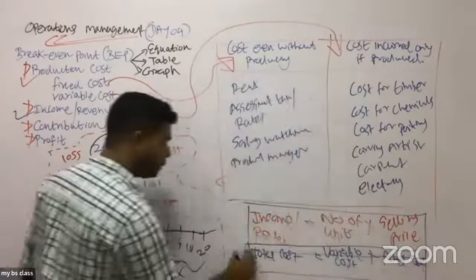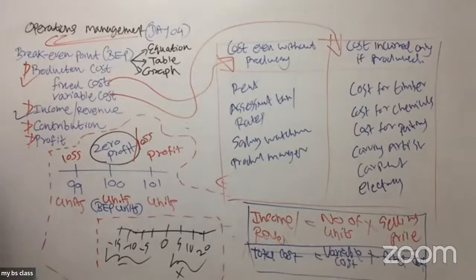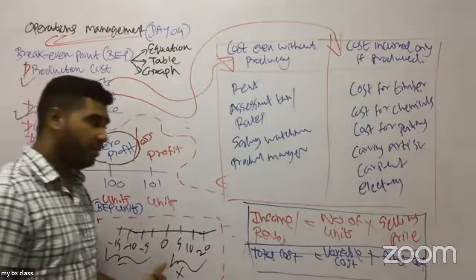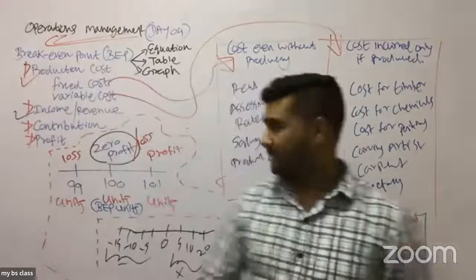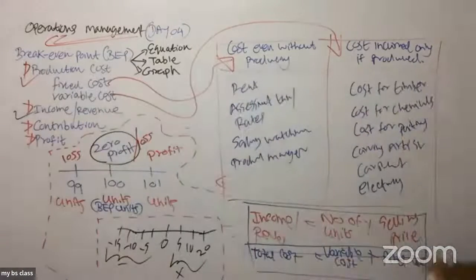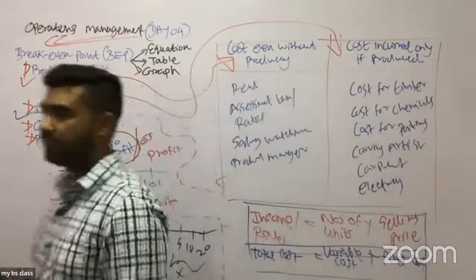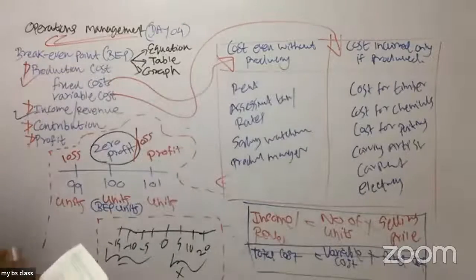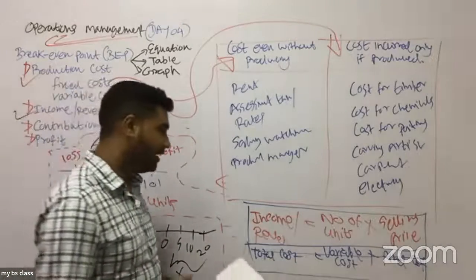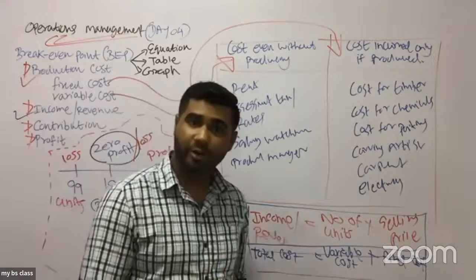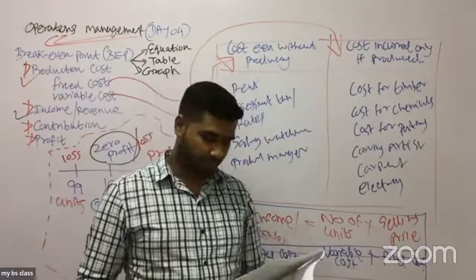Shall we take this as well, please? So your income or revenue is number of units into selling price, and total cost is your variable cost plus your fixed cost. Then you are aware of the production cost and income, and you know how to calculate the profit, right? Your income or revenue minus your cost.